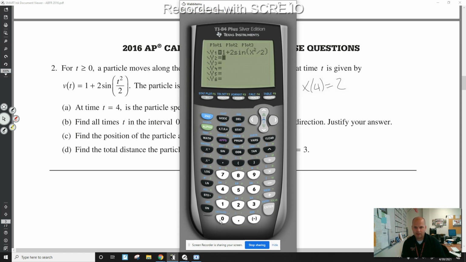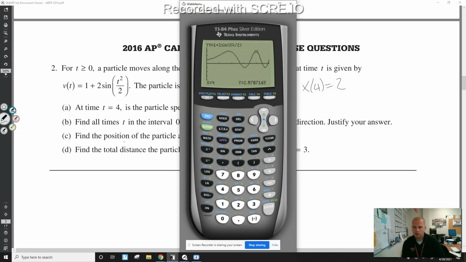So here's the graph of velocity. T equals 4, so I might as well get up to 4. Maybe go to 5 or something. 1, 2, 3, 4. Velocity is positive. Second calc, value at 4, just press trace 4.